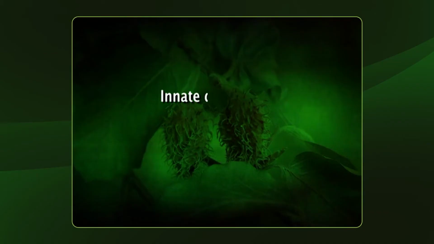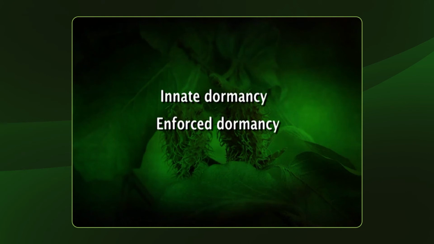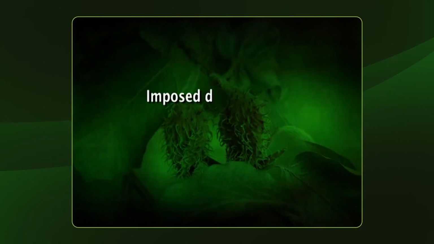Apart from the above classification, dormancy is also categorized into innate dormancy and enforced dormancy, depending on whether it results from environmental factors or from the factors internal to seed. Dormancy due to external factors is also known as imposed dormancy or quiescence.